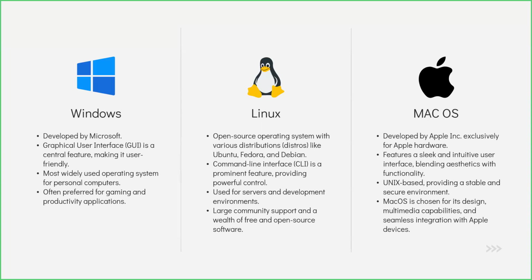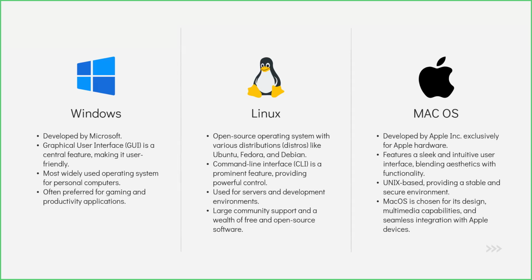And the central feature of macOS is that it provides a very sleek, very good-looking and design-wise intuitive interface, which blends aesthetics and functionality together. It also provides a very stable environment because it was built on the core of Unix itself.